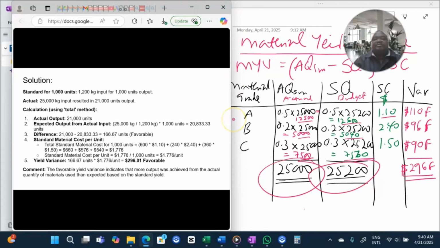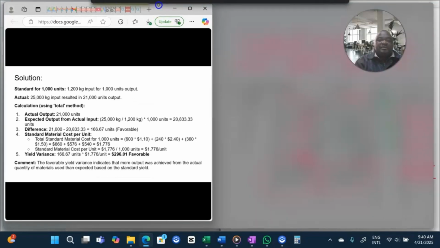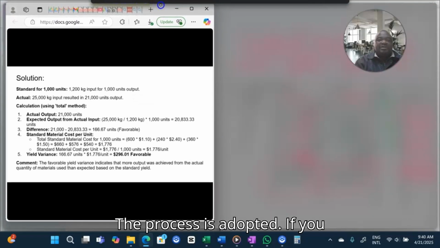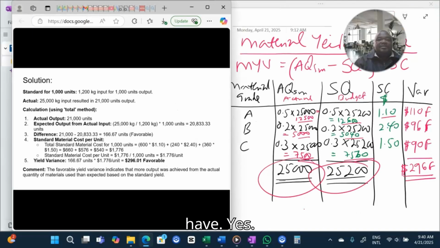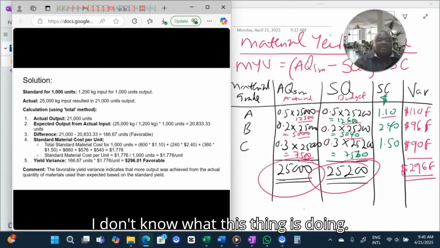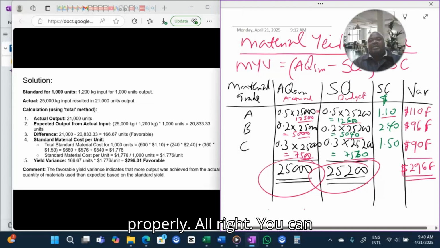Okay, you can easily follow, all right, the processes adopted if you have, yes, I don't know what this thing is doing. It's okay. Hope you're seeing properly.